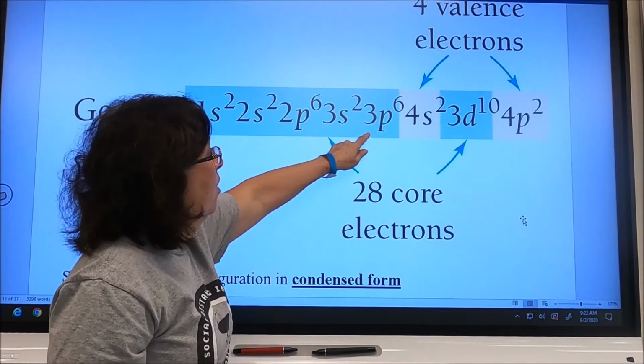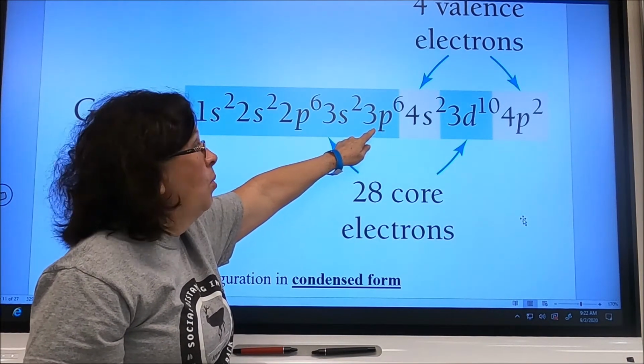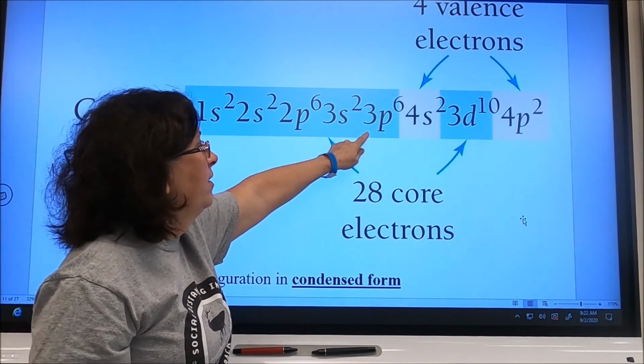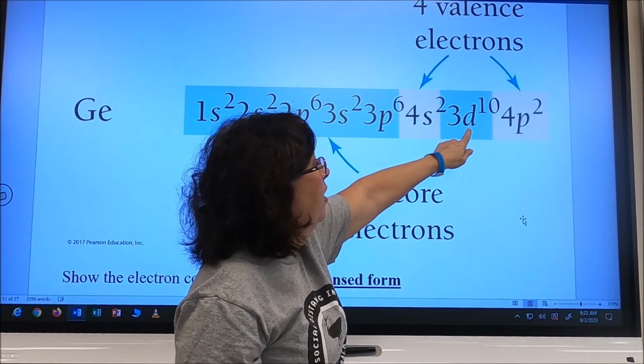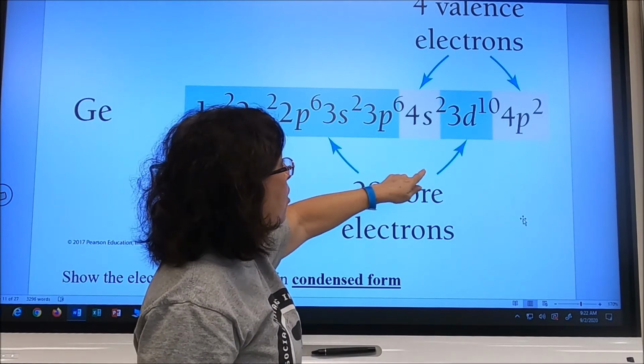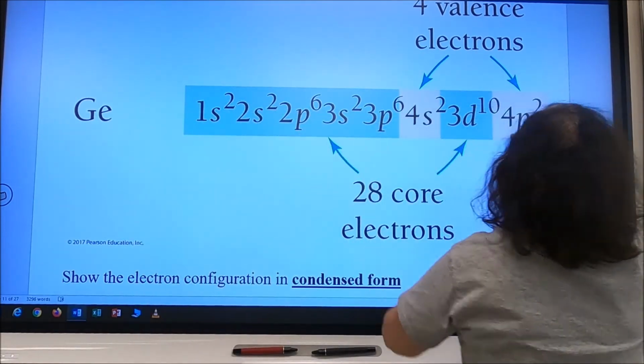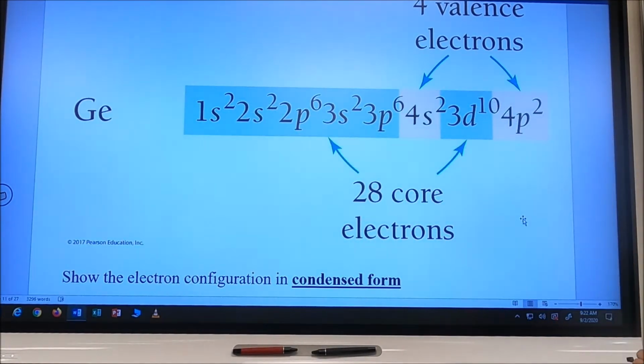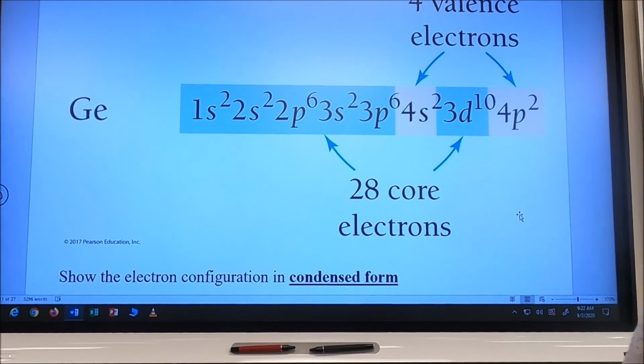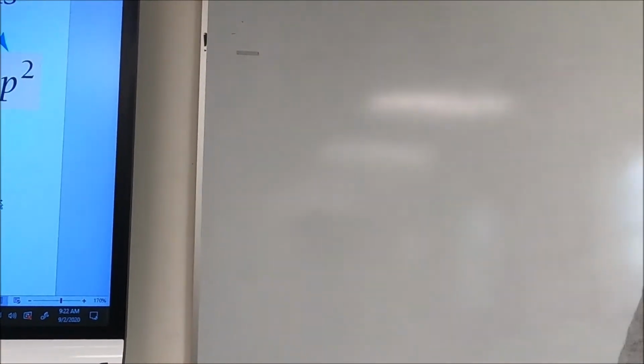So there's what it has in common with the noble gas that ends the row before it. And the D subshell is full, so it becomes part of the core. The 4s and the 4p, those are our valence electrons. Now let me show you some transition metals because they didn't have any good images of transition metals for me to embed in the notes.